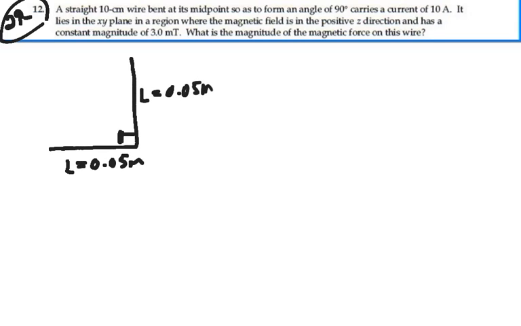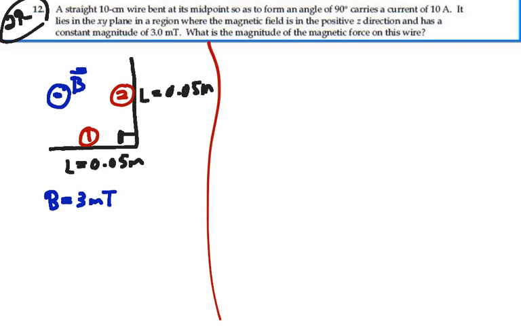And we have a magnetic field coming out of the board in the positive Z direction. And the value of that magnetic field is 3 millitesla. Well, let's treat this like two separate segments. We got 1 and 2.